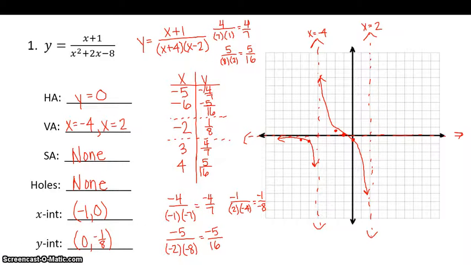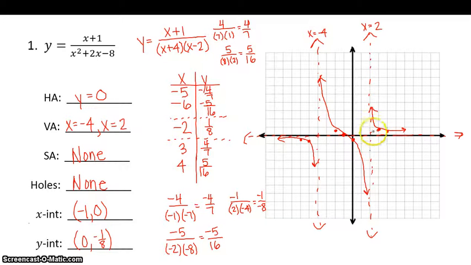Don't want that point. Alright, so then I go to 1, 2, 3, and 4/7, and 4, and up about a fourth. So then there's that curve.